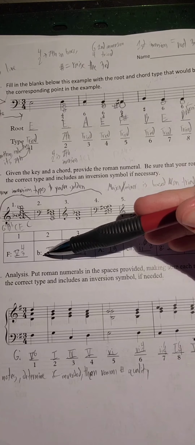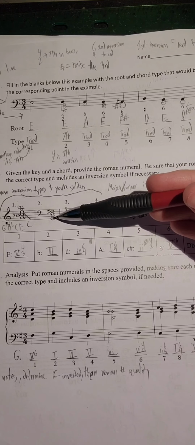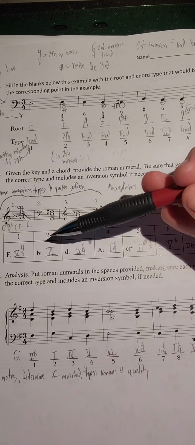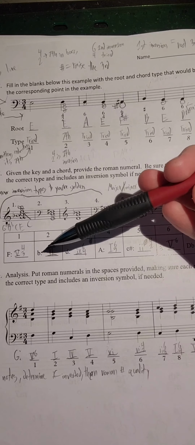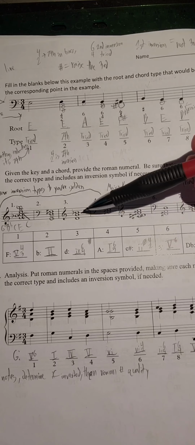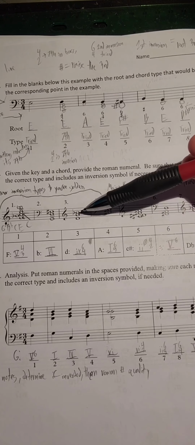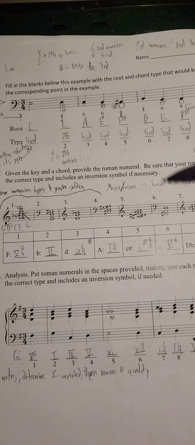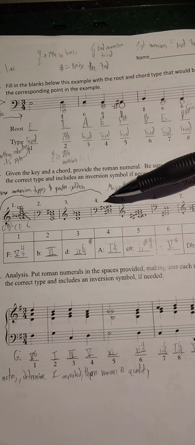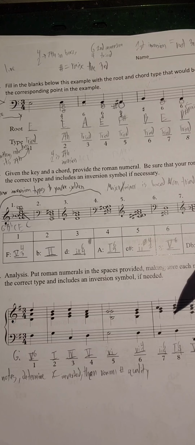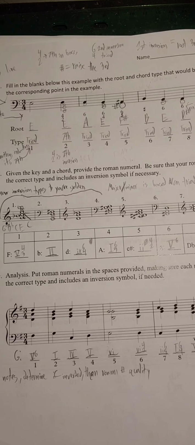We have B minor, it starts on a G. B to G is a 6, and a triad in this is major. This is a 6-4. These two on top like this, and then this one here. You have 6-5 here, where it's these two on top like that, and then those two in the bottom in a row. And so on.